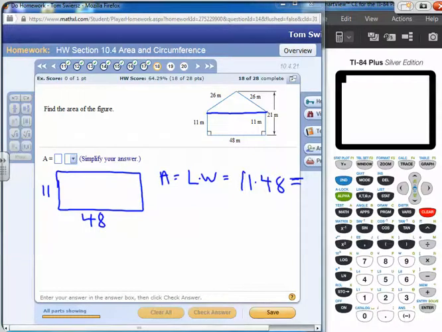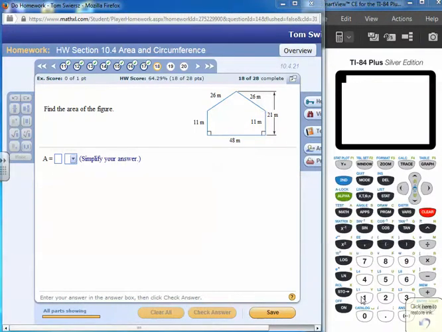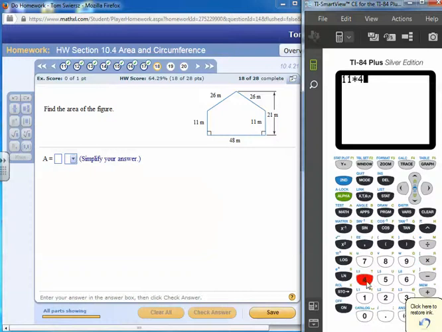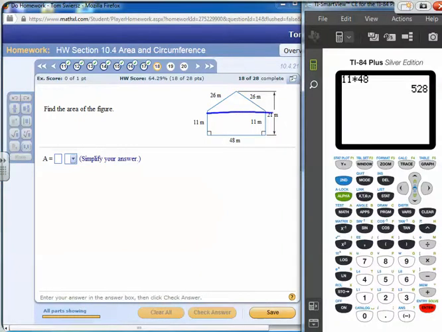All right, and 11 times 48 is 528 square meters, not feet, okay?